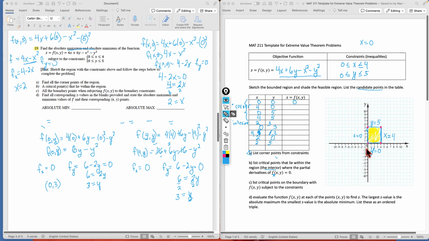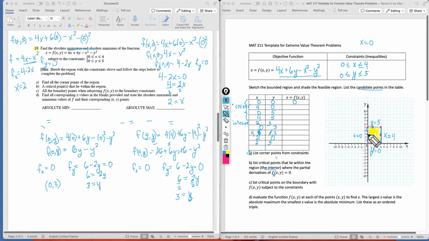So you could label those, right? (2, 5) is a potential, it might be a maximum in there. (2, 0) is a potential. So, remember we've got some kind of a surface. (4, 3) is also a potential right here in the middle.